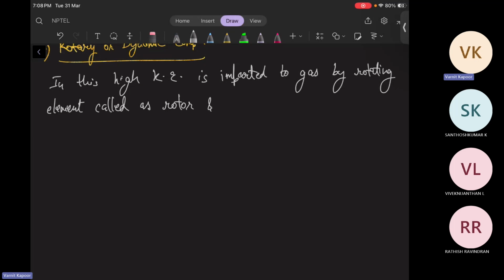And this high kinetic energy is converted into pressure rise in the diffuser.